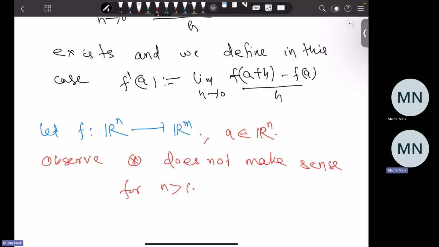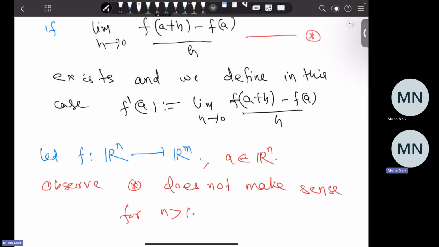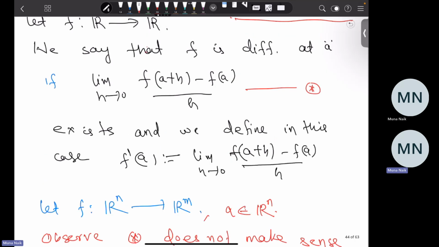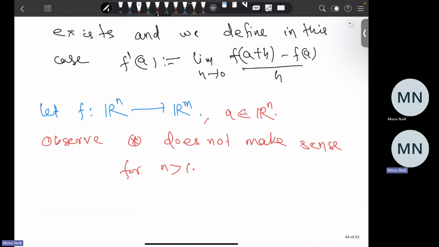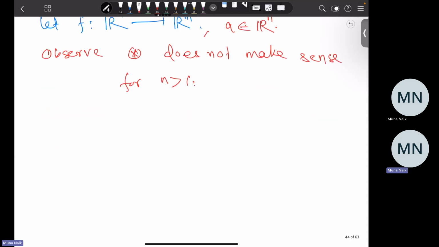You cannot divide a vector by a vector in higher dimension. So this definition doesn't make sense. There is a natural obstruction.